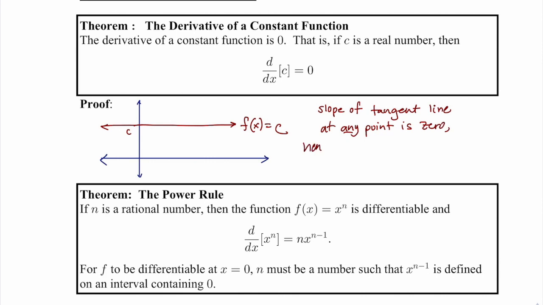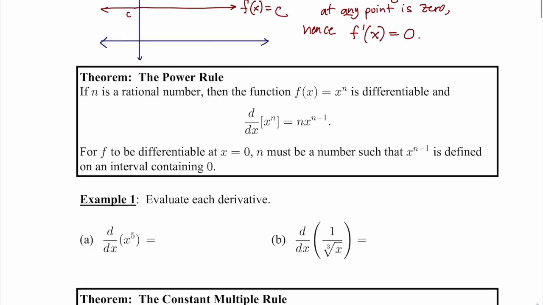Hence, the derivative of the function at any point will be 0. We'll skip the limit definition proof because the visual proof probably is more important anyway.